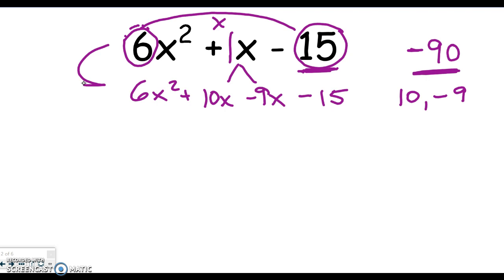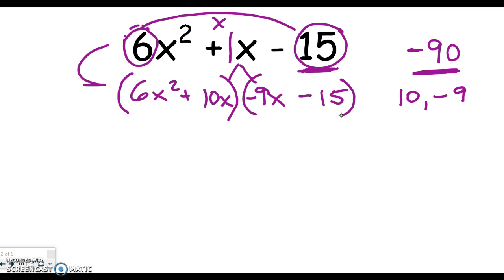But why does that help me? Well, it helps me because now I can factor by grouping. I have 2 sets of 2 terms that I can group together with parentheses and start factoring things out. So that's what I'm going to do. I'm going to group these 2 together. And I'm going to group these 2 together.